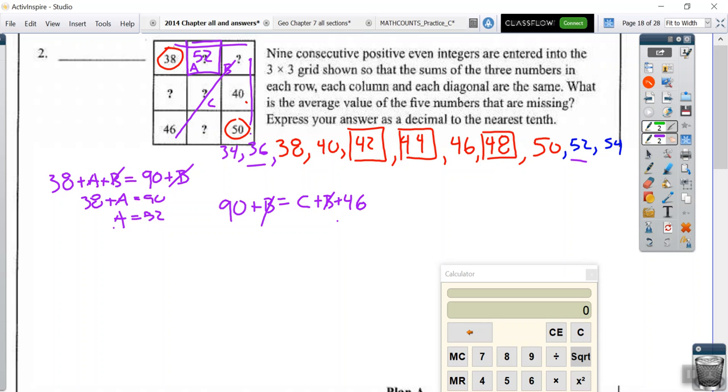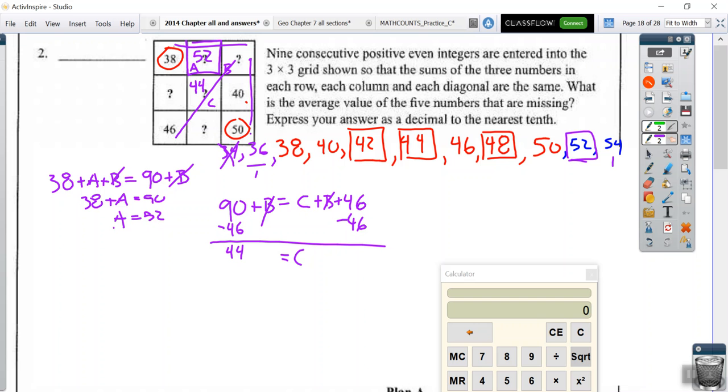And then all I have to do is subtract 46 from both sides. And so I will get C is equal to 44. Oh, well, that doesn't help me at all because I've already learned that I need the 52. So I can cancel this one out. So the question is, am I going to use 36 or am I going to use the 54? 44 doesn't help me a whole lot, but I'll write it down because it's fun.